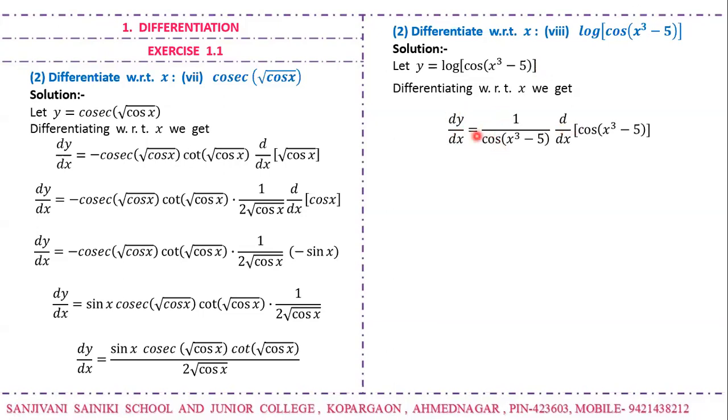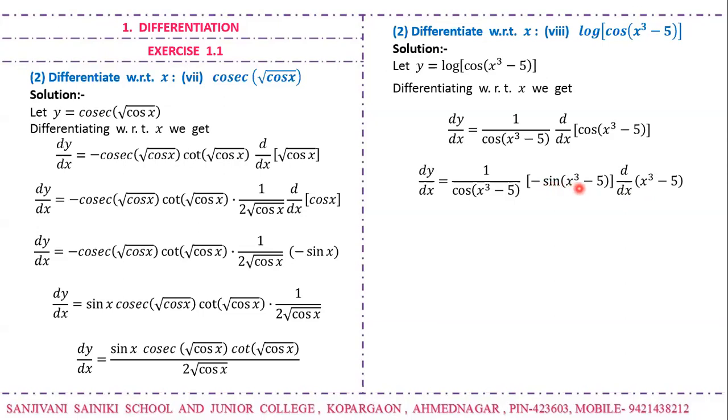So dy by dx is equal to 1 upon cos of x cube minus 5 into d by dx of cos of x cube minus 5. Again, to find the derivative of cos of x cube minus 5, we will use the composite function cos f of x. The derivative of cos f of x is minus sin f of x into f dash of x.